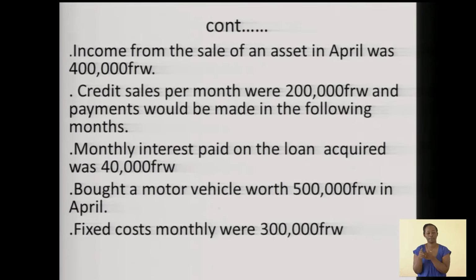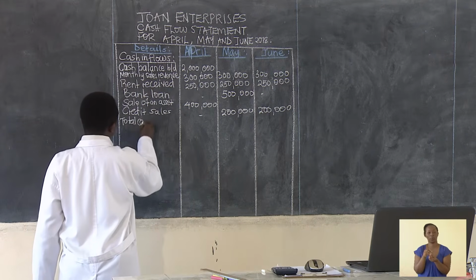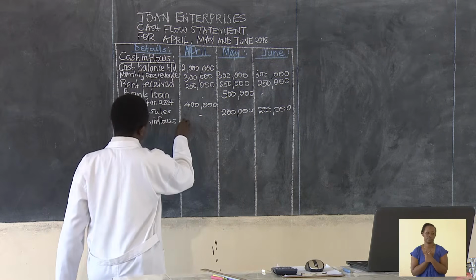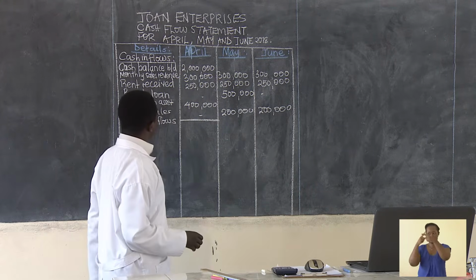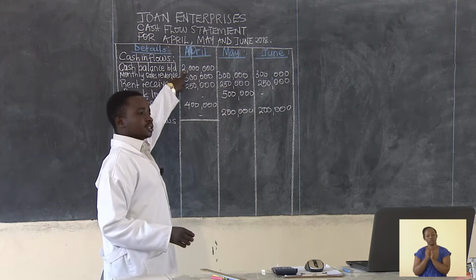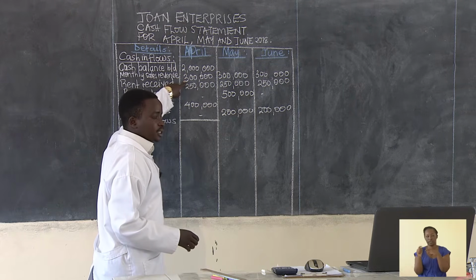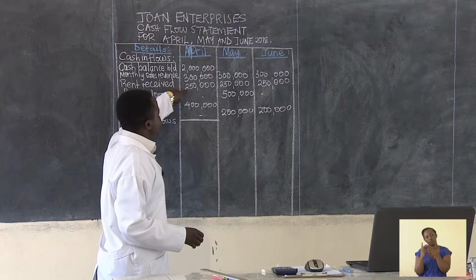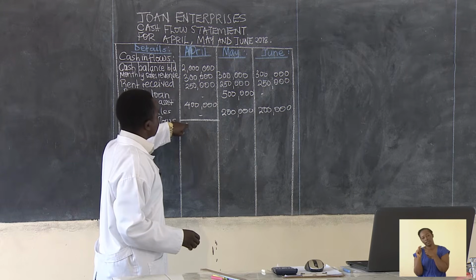So in this case now, we have to add up, and we see total cash inflows. So the total cash inflows, when you add now, I want us to add together. This is 2 millions. You add 300,000, this is 2.3. 2.55, then 2.95.